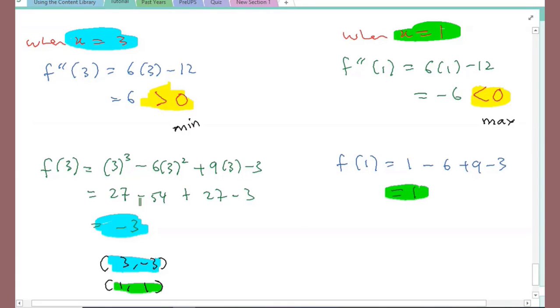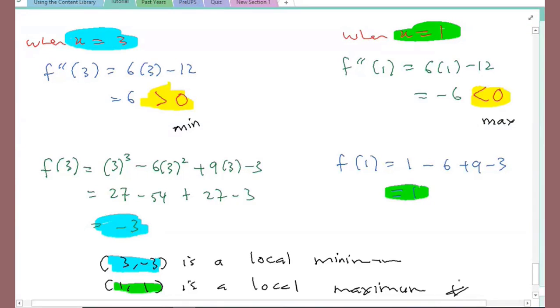So the conclusion is (3, -3) is a local minimum and (1, 1) is a local maximum. Okay, settle for number 5.